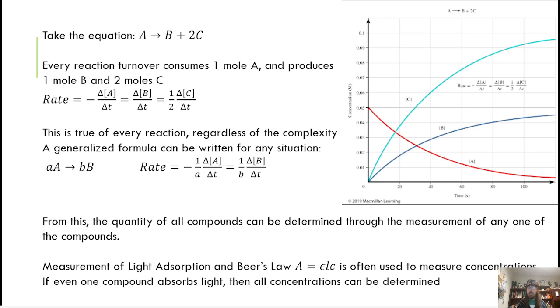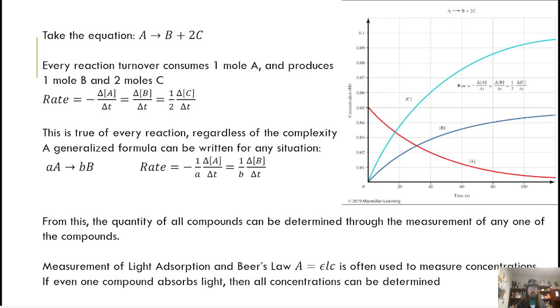Beer's law simply states that the absorbance of light is proportional to the molar absorptivity times the path length L times the concentration C. So if even one reactant or product absorbs light at a specific wavelength, and the other compounds do not absorb very strongly or much at all at those wavelengths, we can completely study this reaction.